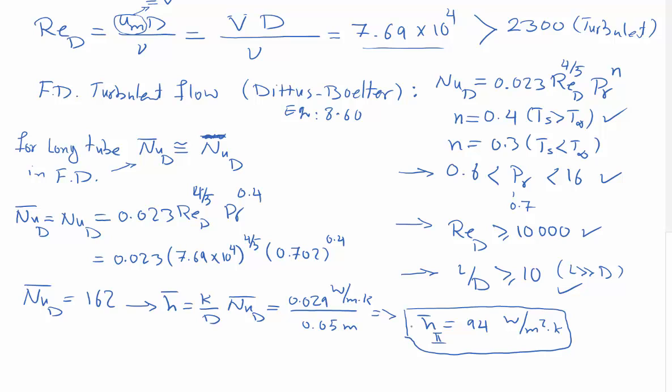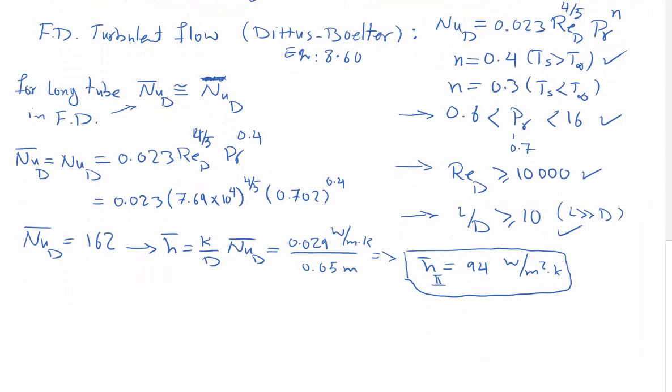Now we also wanted to find the heat flux from Newton's law of cooling. So heat flux of the second case corresponding to the internal flow is H bar of the second case times Ts minus Tm. Tm is the flow temperature, of course.